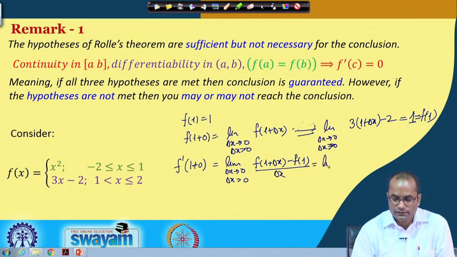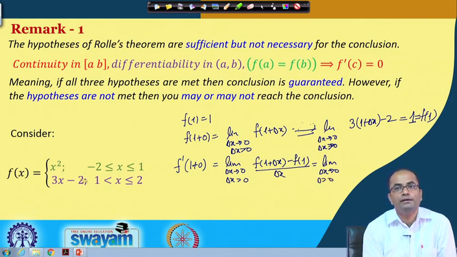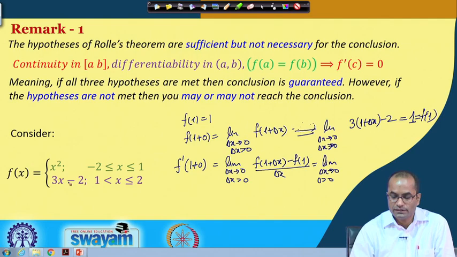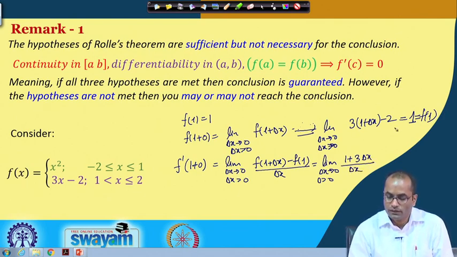So, here f(1 plus delta x) again will be calculated from 3x minus 2, which we have just done before. So, it was 1 plus 3 delta x, divided by delta x, and then minus this f(1), which is 1. So, this gets cancelled, and then this value here is nothing but 3.